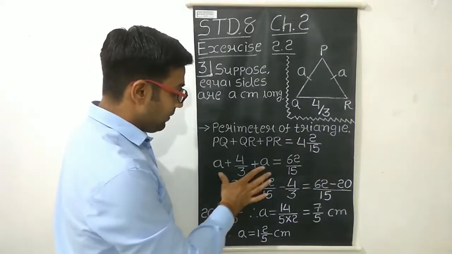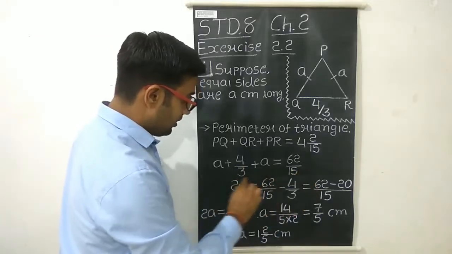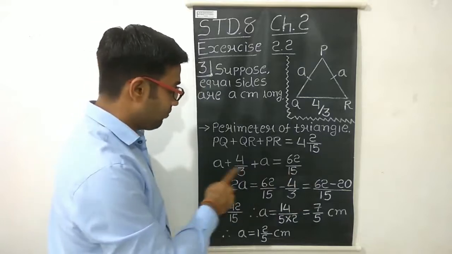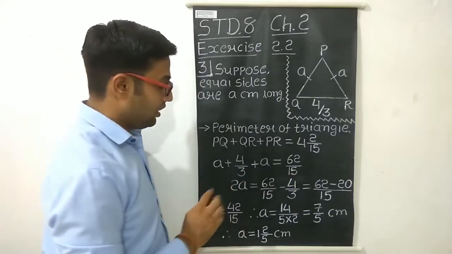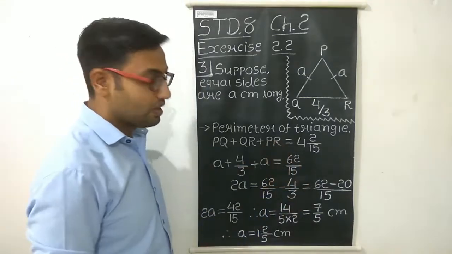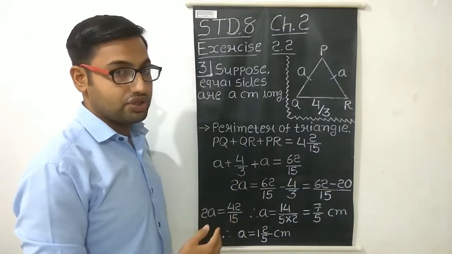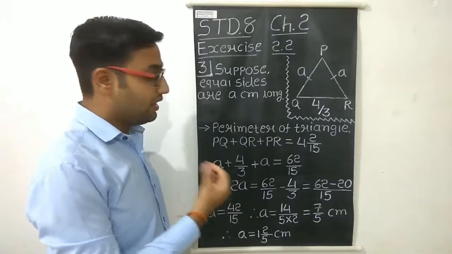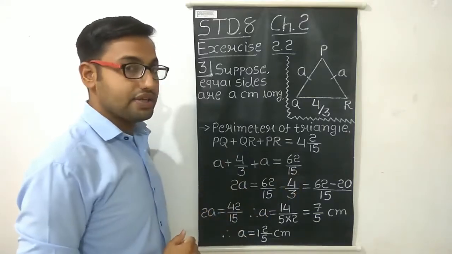Now you can see that in this equation there is only one variable a and the power of this variable is also 1, and on the other side there is a number. So this is a linear equation in one variable in which one side is a linear expression and the other side is a number.